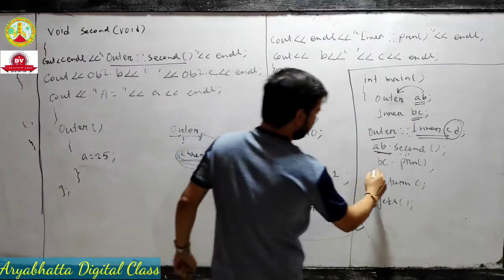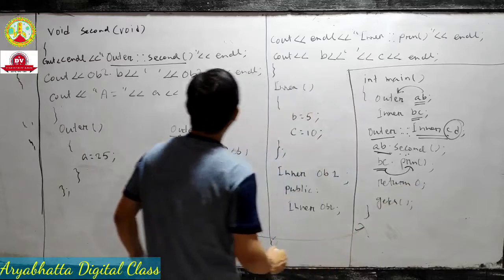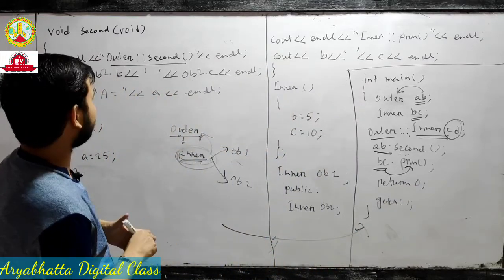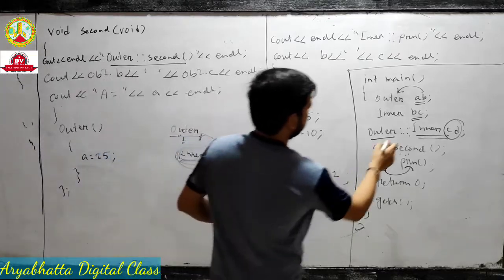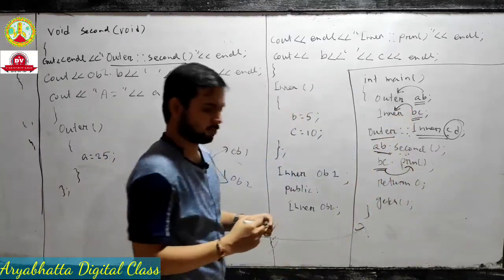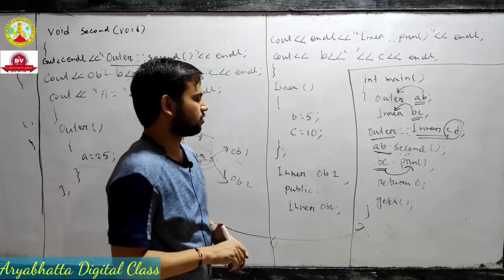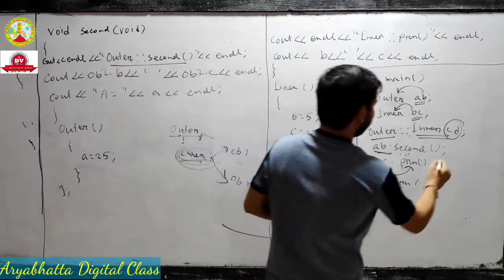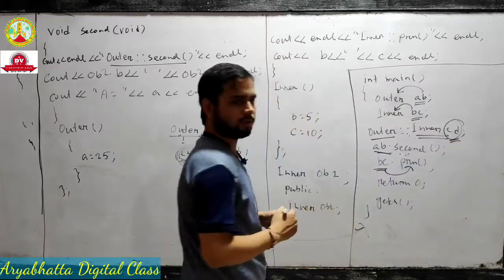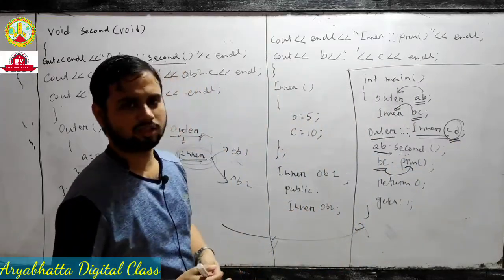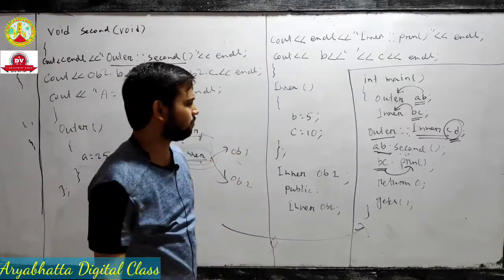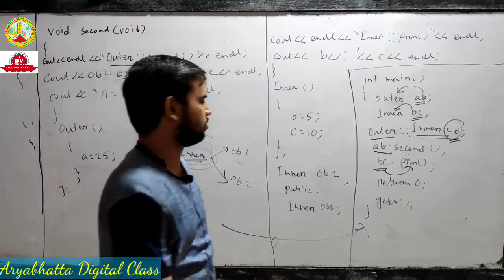And BC accesses the first member function PRN because BC is an inner class object, right? Don't be confused. And CD indirectly accesses both the functions. I know this will be some paradox concept, somewhat confusing, I know.